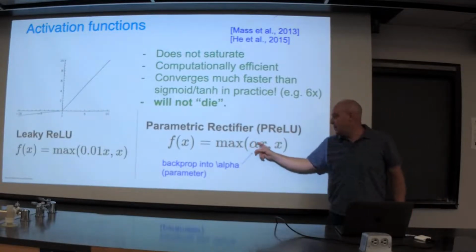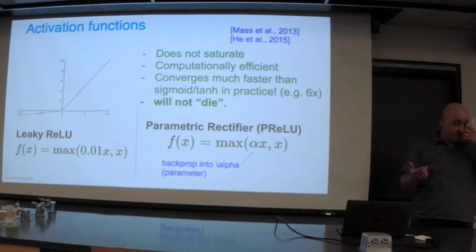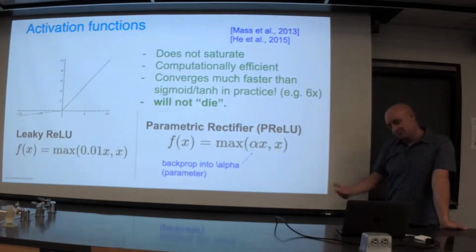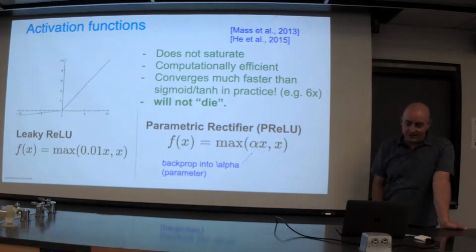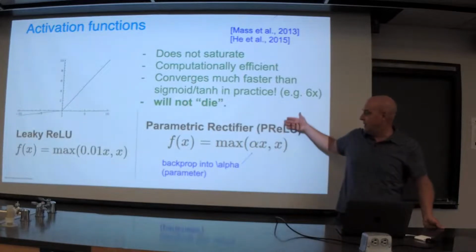So instead of fixing it to be 0 or 0.01, you backprop through that parameter as well, and you can learn it. Again, you might think that's got to be better. It doesn't turn out to be better, not typically. In fact, I don't even know an example where this is much better, to be honest.